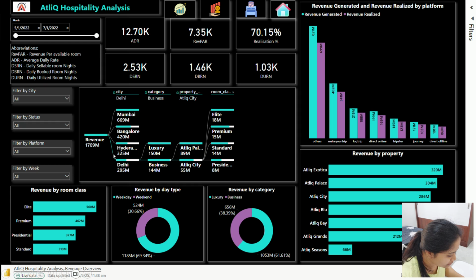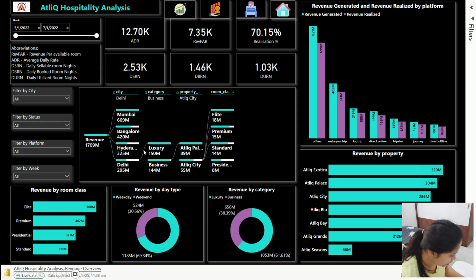For example, if you see Delhi is the lowest, we can identify what the reason is. Business class is lower, and business class revenue is also lower. So we can split for each category of business and property, and identify it with this decomposition chart.